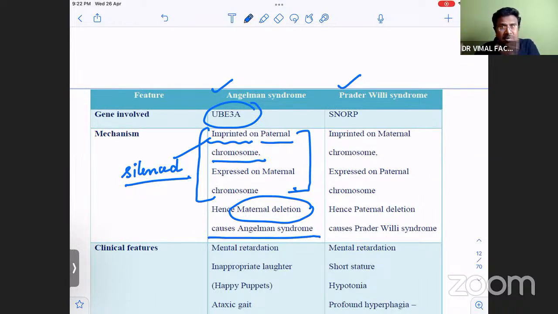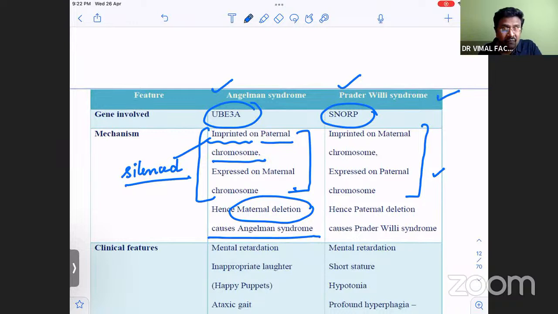Take the example of the other disease, Prader-Willi syndrome. Here the gene involved is the SNRPN gene. This gene is normally imprinted on the maternal chromosome, that is, it is silenced on the maternal chromosome and it is expressed on the father's chromosome.